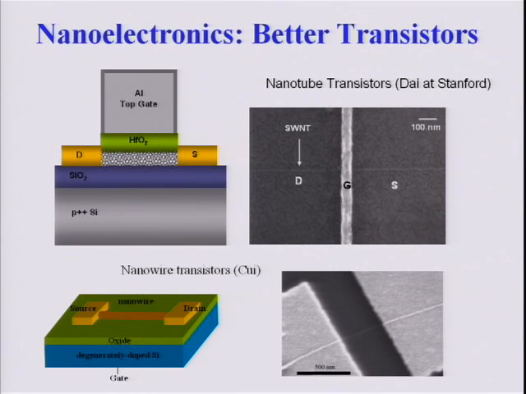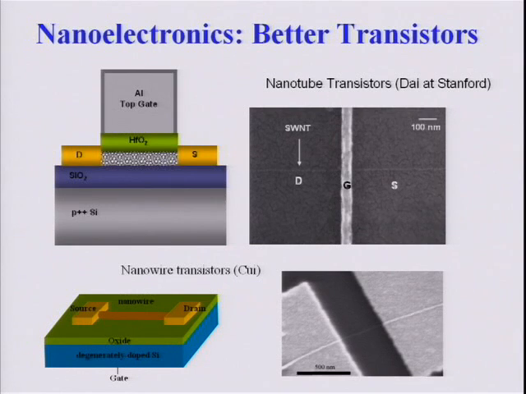Since a carbon nanotube has this graphite structure, it rolls up as a tube structure. There's no surface dangling bond on the surface. So that means when the electron is moving along the nanotube, it won't get trapped. That also means electrons can move very, very fast in nanotubes.